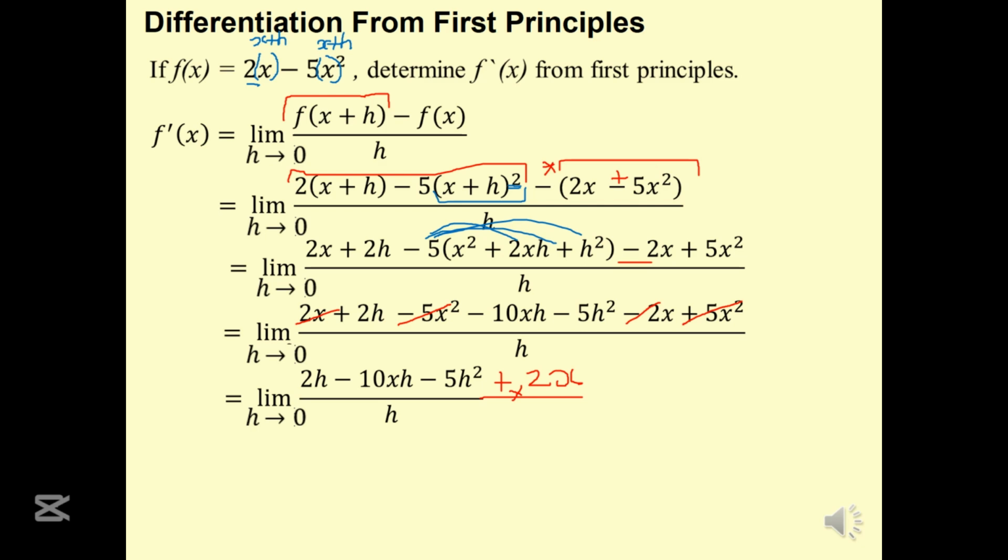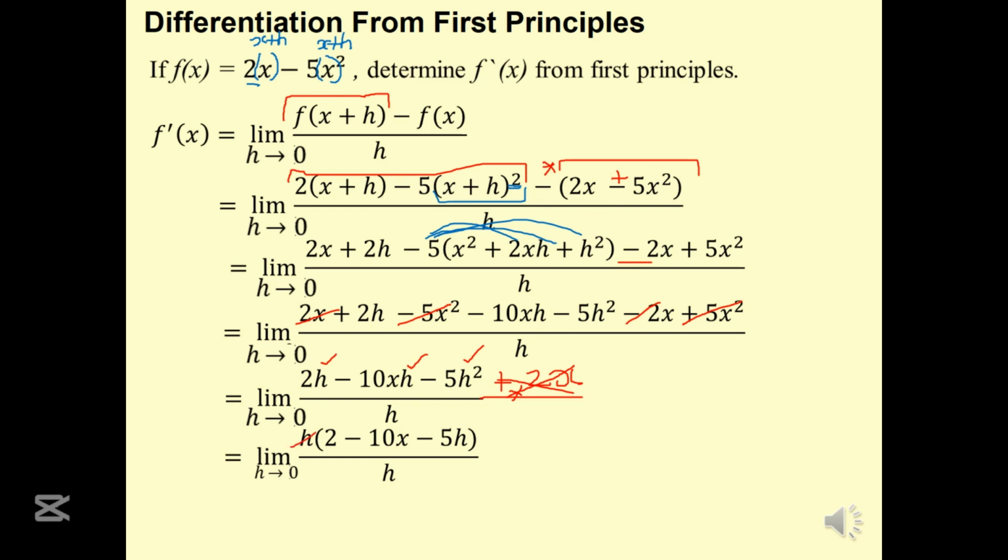It's a sign that my answer is not correct. We should make sure that our numerator, after simplifying, has h as a common factor throughout, so that we can factor out that h.